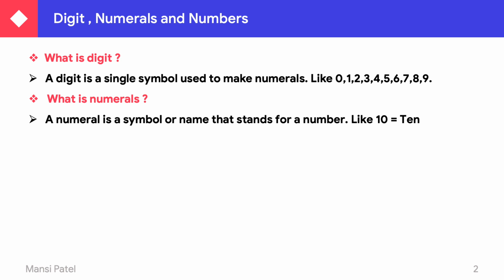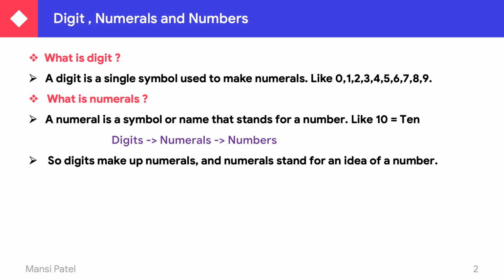So here 1010 is the numeral, that stands for a number. So we can say the numbers and numerals come from digits. The digits make up numerals and numerals stand for an idea of a number.